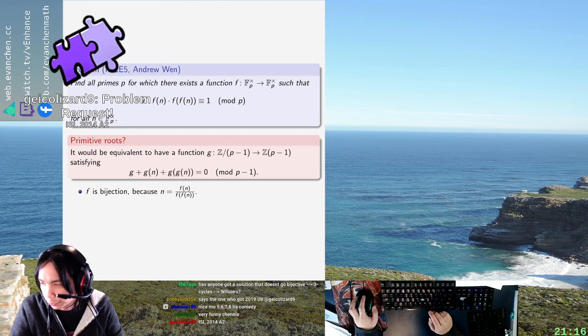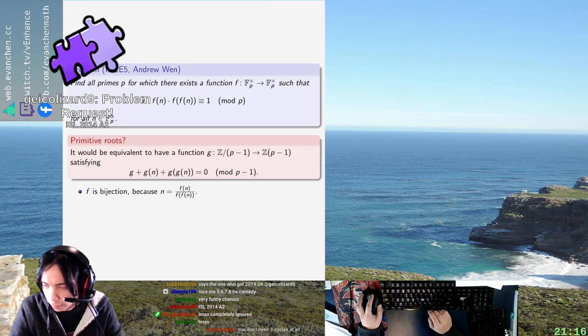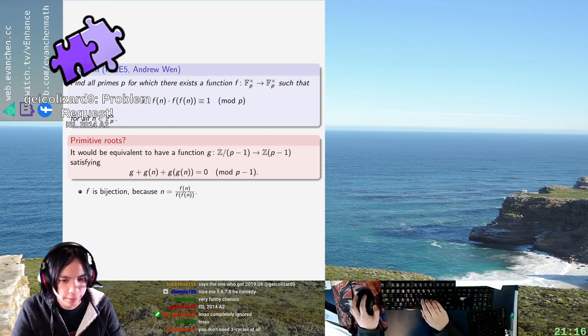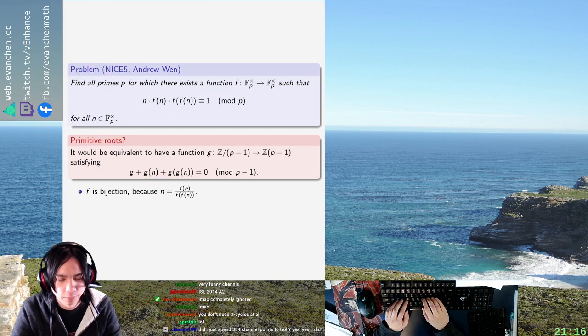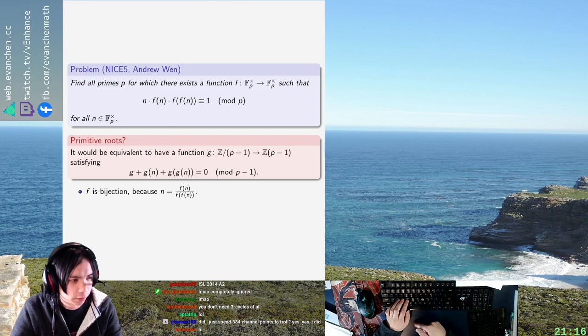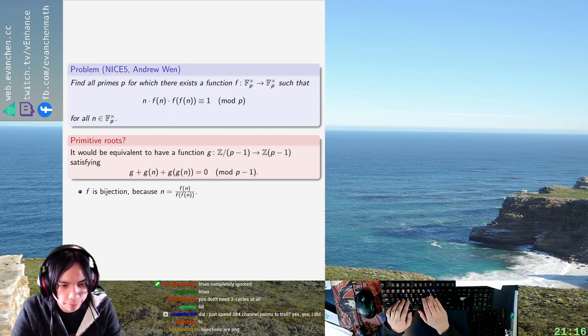This will show that f is both injective and surjective, because you can recover n from f of n. So, cool, f is a bijection. And so what that means is, well, sorry, there's a typo here, let's just say g.